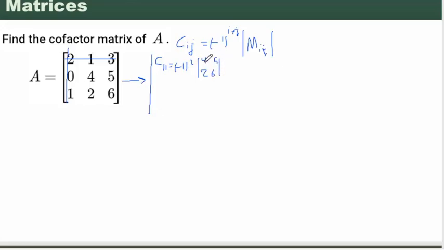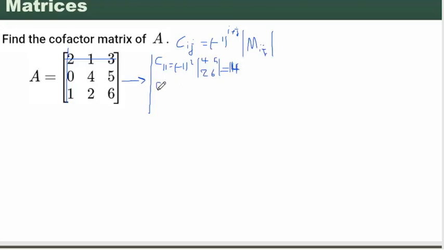The answer would be 4 times 6, 24, minus 2 times 5 gives me 10, 24 minus 10, 14, and 14 times negative 1 to the power of 2, so would be positive, so it's 14.